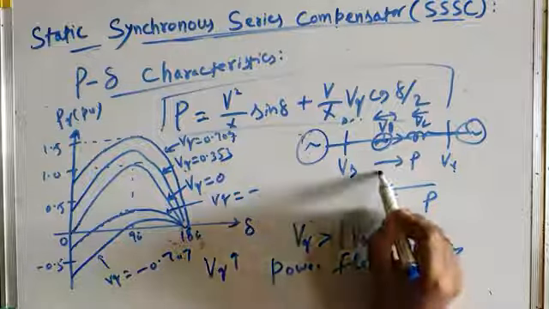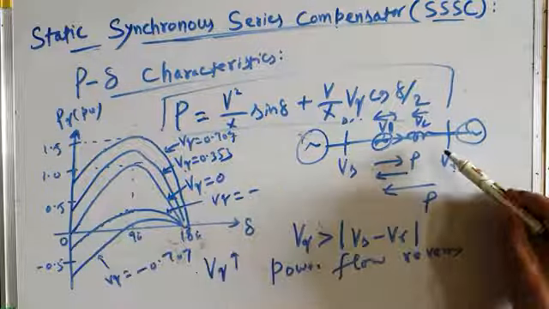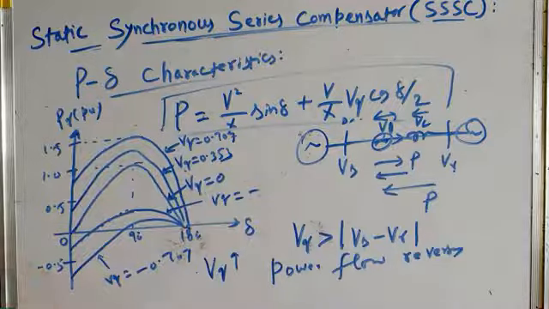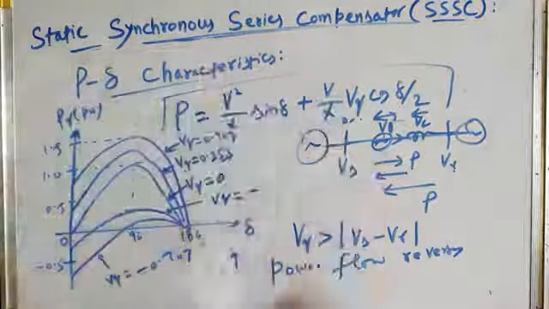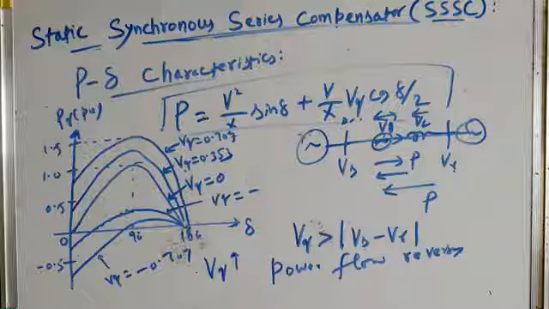That means we can make power flow from receiving end to sending end, which is not possible with series capacitive compensation. So this SSSC compensation, which is a series, converter based compensation, is different from series capacitive compensation from certain points of view.